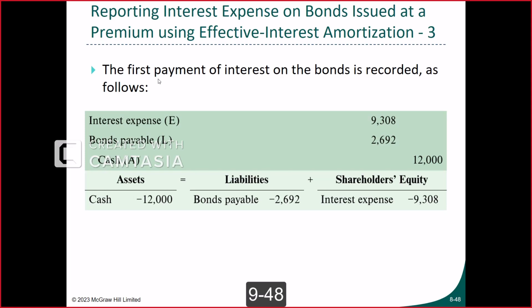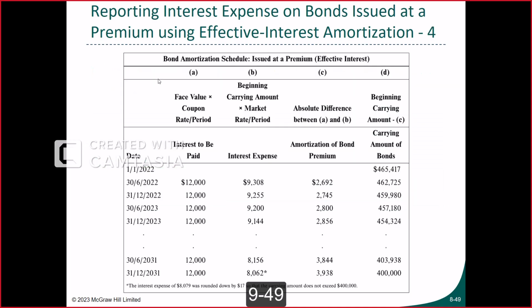So that's why your bonds payable, as Natalie said, will decrease progressively by the difference between the interest expense and the cash amount of interest, until at the maturity day, as you can see, on December 31st, 2031, the book value or the carrying value of the bonds will be equal to the principal amount. We start at the issuance date with $465,000 and go down to 462, down to 469, until at the maturity day we get exactly the same amount as the principal, similar to the issuance at discount.